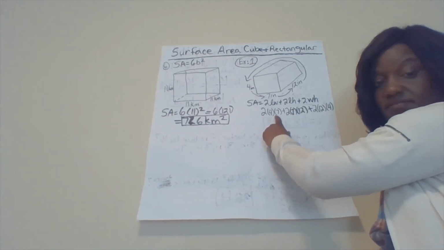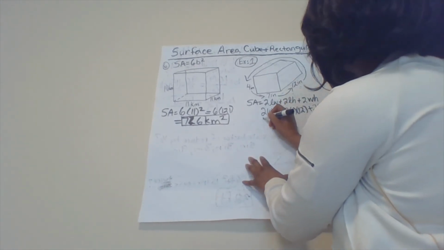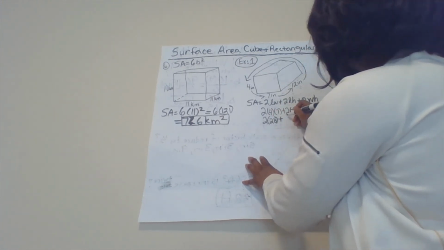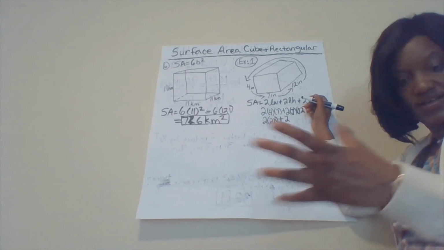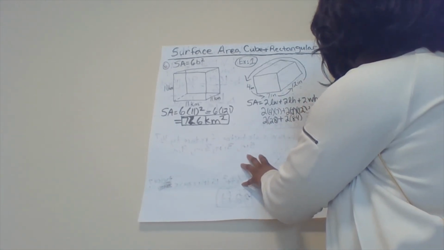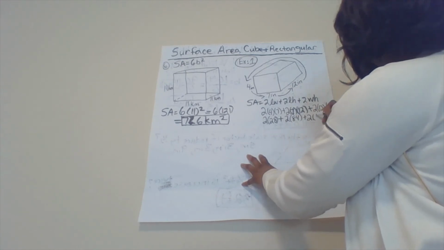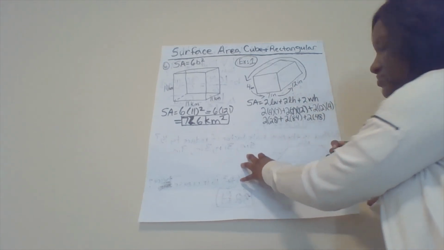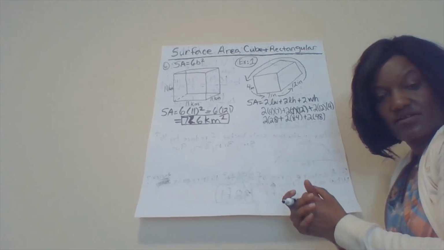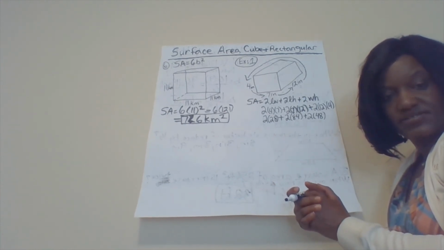4 times 7, that's 28. Once you get all of these answers, now all you have to do is multiply each by 2.